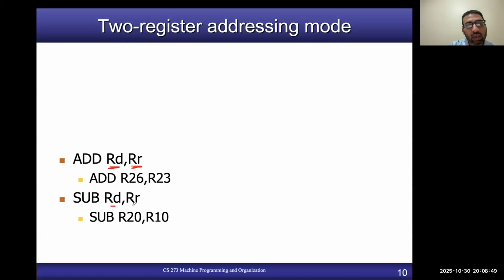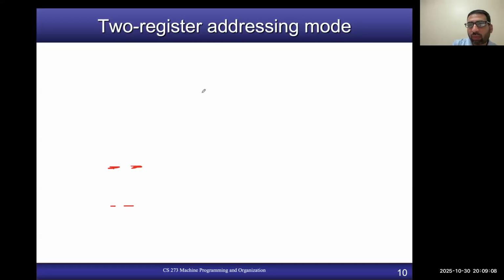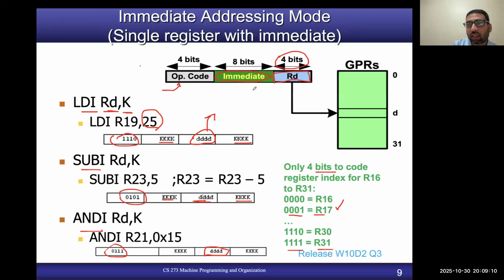Another example is the sub instruction, where the source register is subtracted from the destination register and the result is put back in the destination register. Before I explain the opcode, I want to emphasize something in the context of this figure.